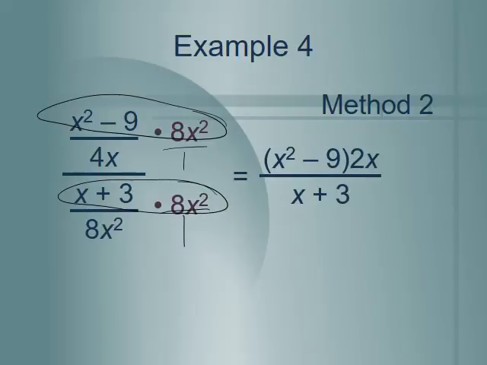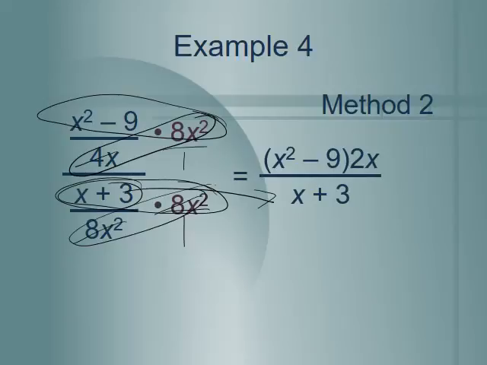Now, whenever we multiplied this 8x squared, they canceled out. So all we were left with was the x plus 3. Here, this cancels out and we're left with 2x here. So that's why we have x squared minus 9 times 2x.